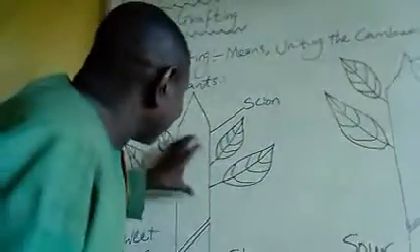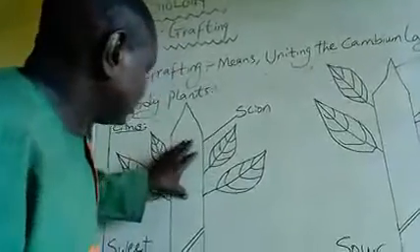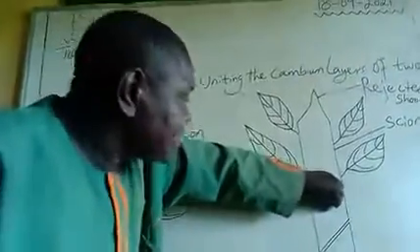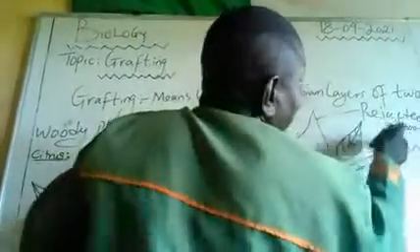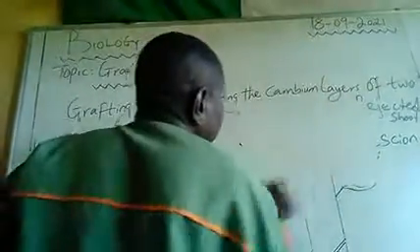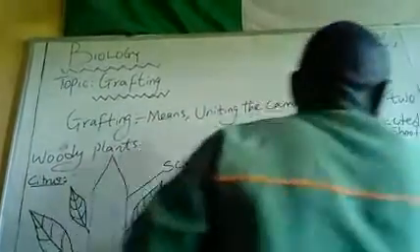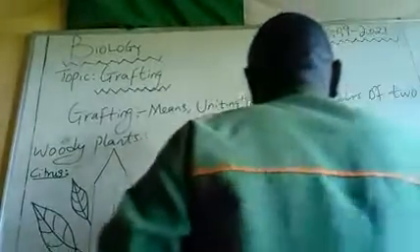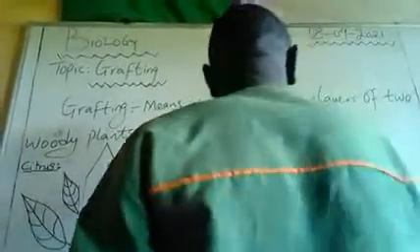Then I'm going to carry this shoot, the shoot of the sweet orange, and place it here. Now I have removed the rejected shoot.